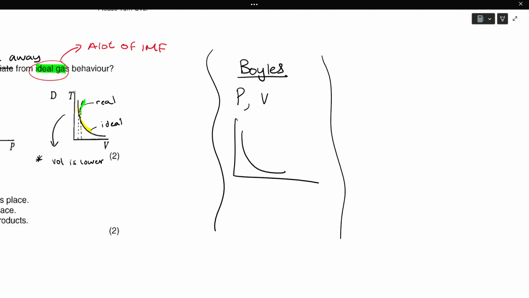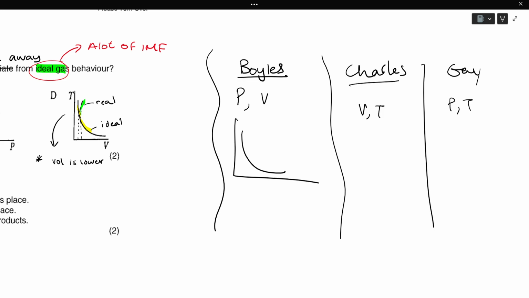Any other graph, the Charles graph, the Gay-Lussac graph, which deals with temperature and pressure. The Charles graph deals with volume and temperature, and the Gay-Lussac law deals with pressure and temperature. These are going to have straight line graphs.